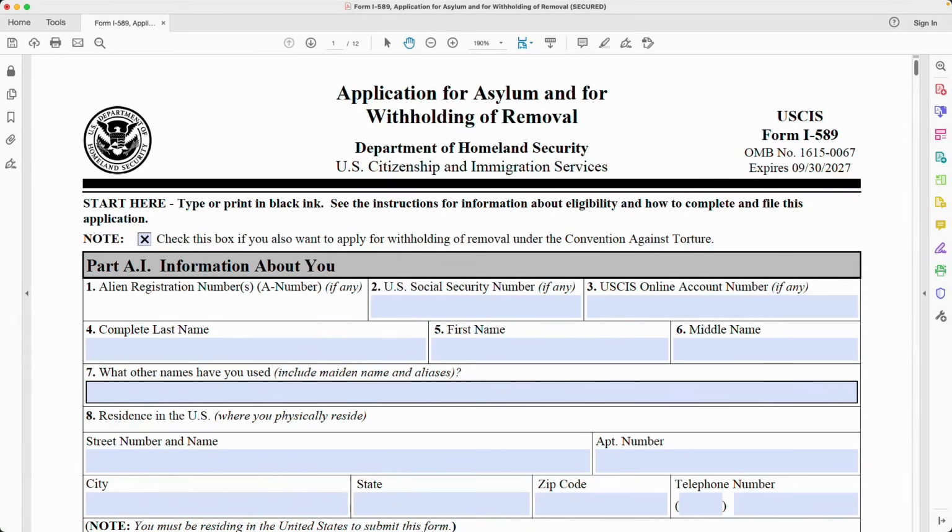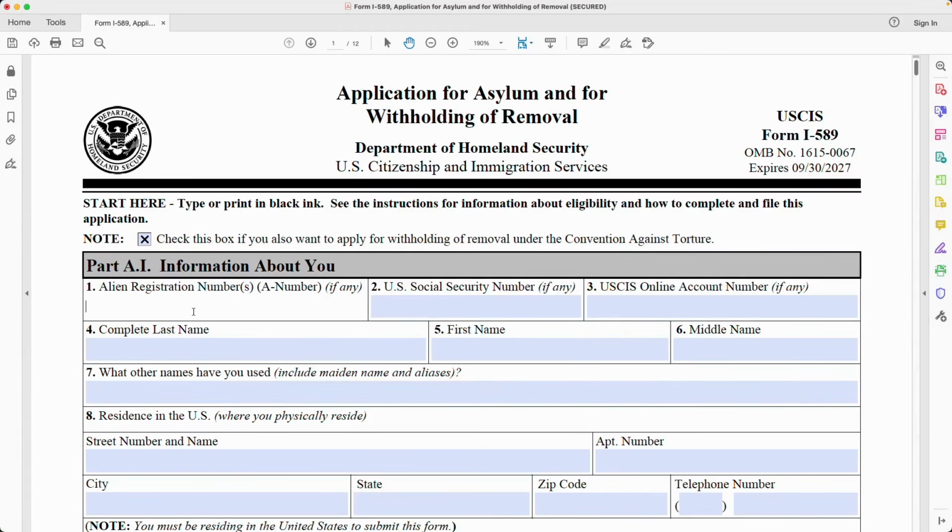You may not have an A number if you have not been in an immigration process or immigration detention in the United States before. If you do not have an A number, you can write N/A like this. Again, N/A stands for not applicable, and you can write it when a question does not apply to you.